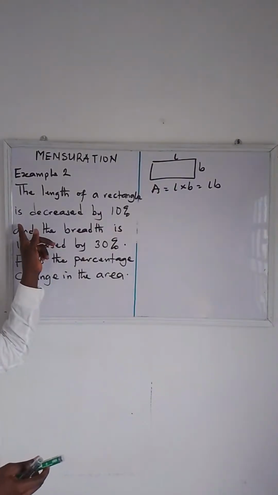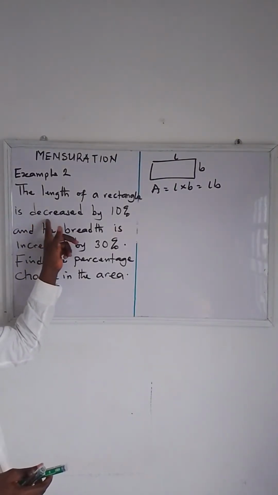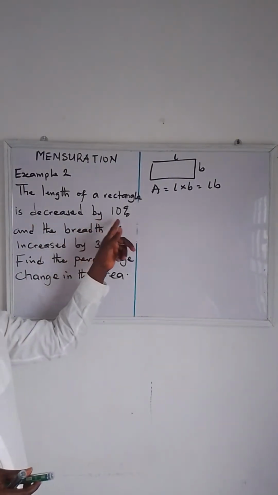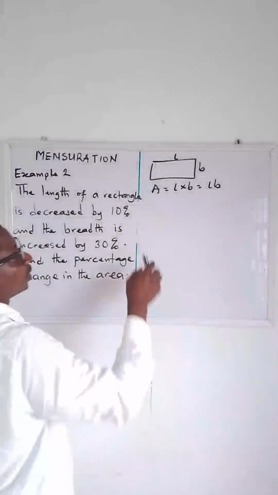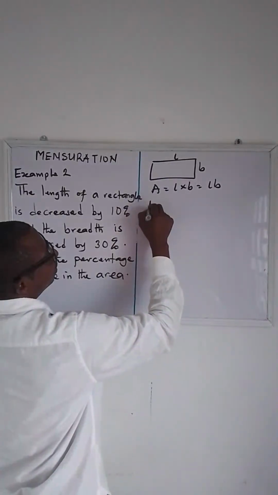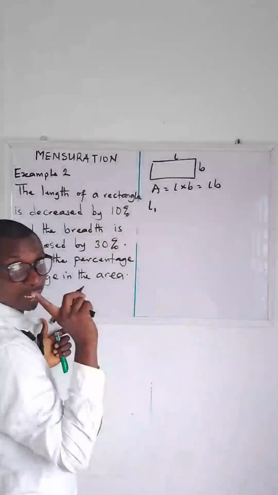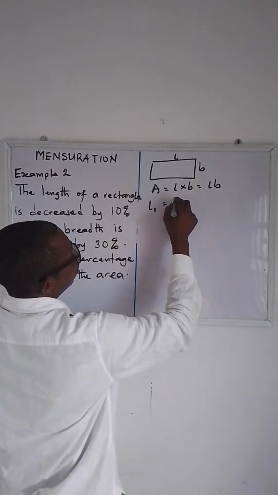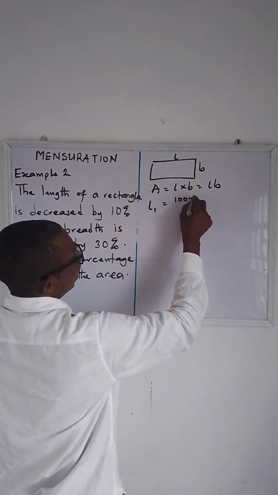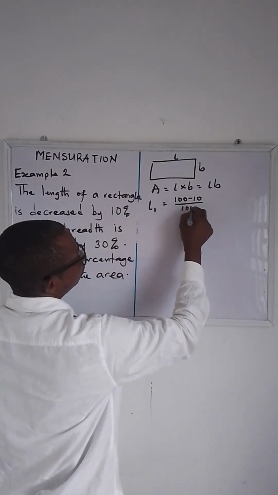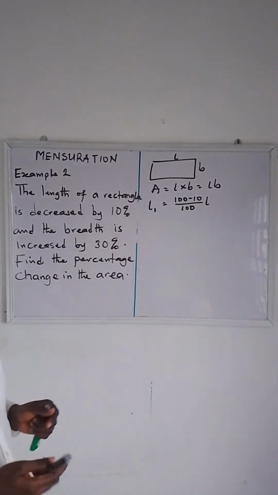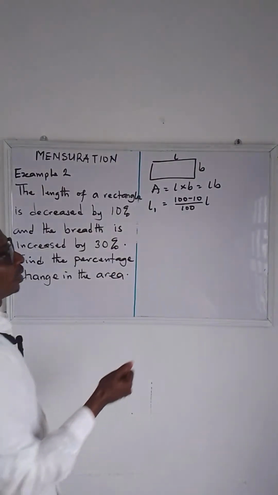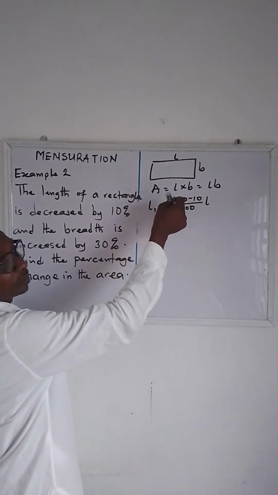Now what happened? The length is decreased by 10%. So we have a new length, L1. The new length will be 100 minus 10 over 100 L. I hope you understand that, because it has been reduced by 10.